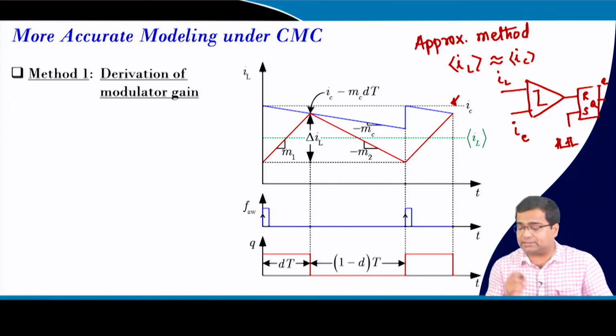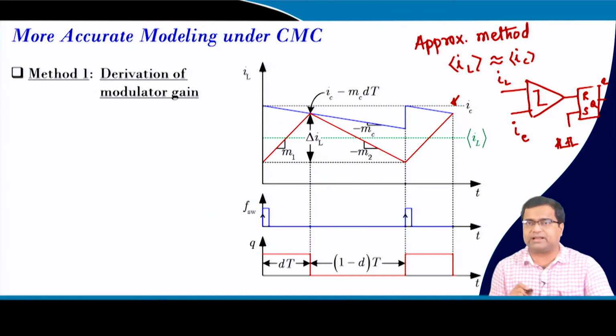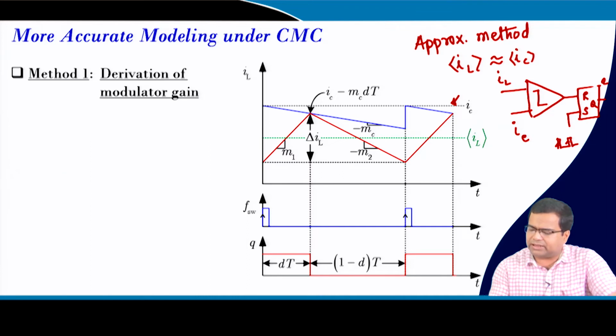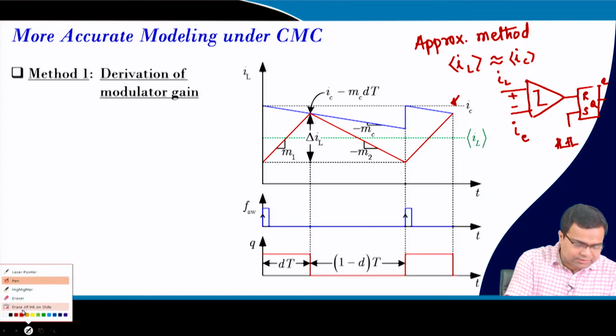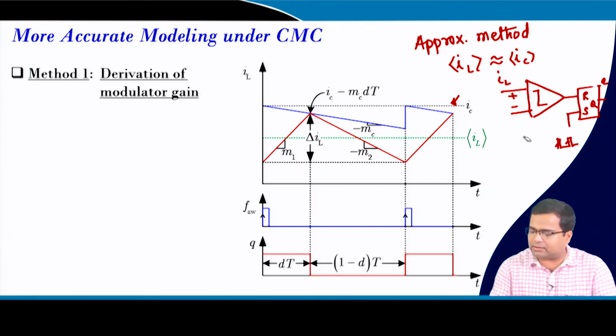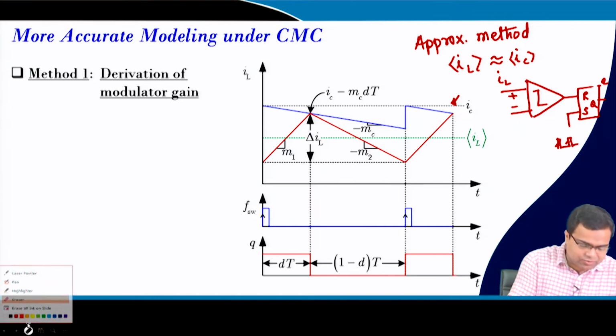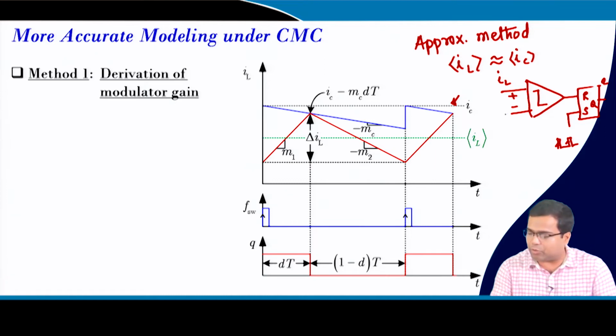In this case we have considered that the inductor current is directly compared with the peak current, and if the inductor current goes above the peak current, then the comparator will reset the latch circuit. Now, instead of using the controller voltage directly, we are considering an additional block.